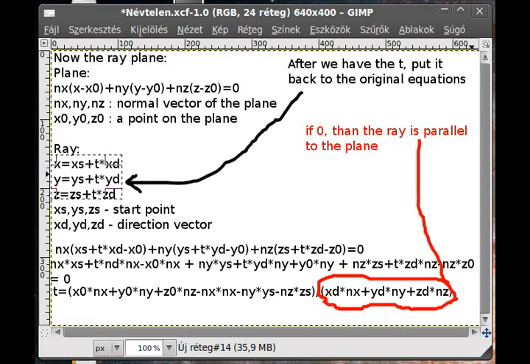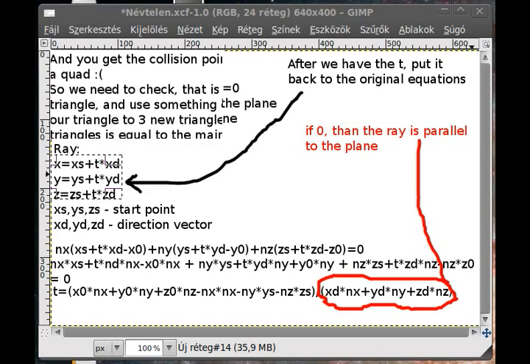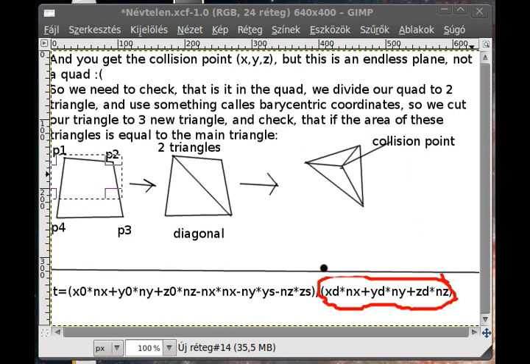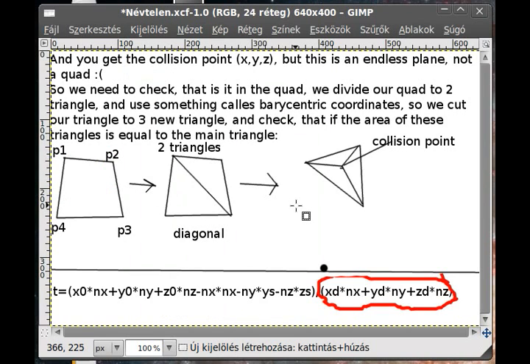Now I know the coordinate, so I need some way to find out whether it is the quad or the endless plane. Okay, there is a lot of writing in here, which basically gets the collision point, and I know the quad has 4 points.